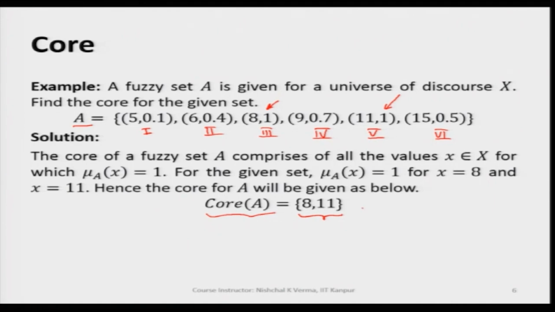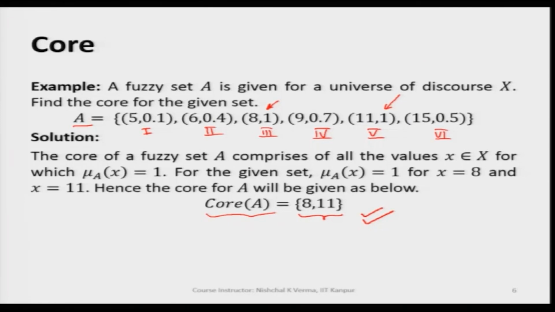This is very simple, very clear. For a discrete fuzzy set, if we are interested in finding the core, we can very easily collect those generic variable values for which the corresponding membership value is 1. The rest of the generic variable values we just leave aside.